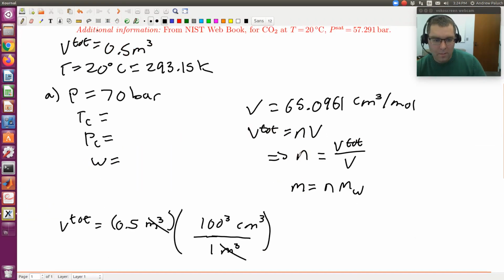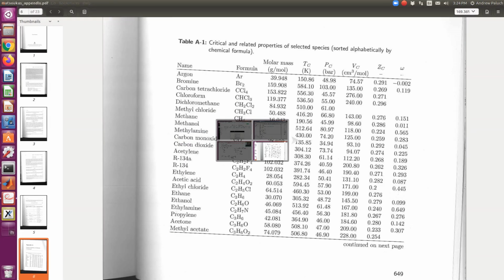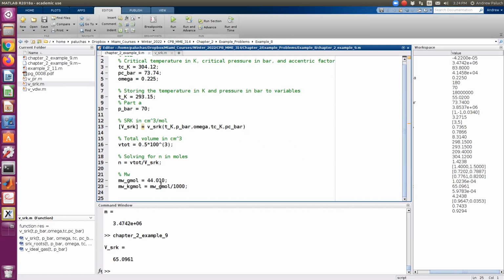To get mass, I just need moles times molecular weight. Moles is moles, and this is in kilograms per mole, so mass in kilograms will be my moles times my molecular weight in kilograms per mole.